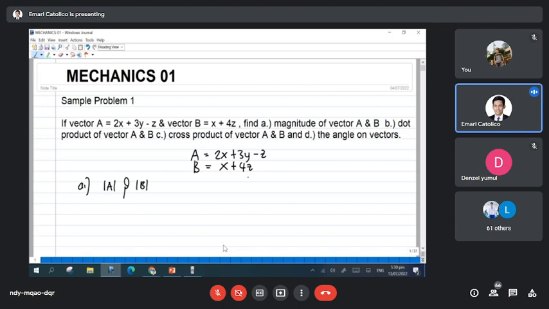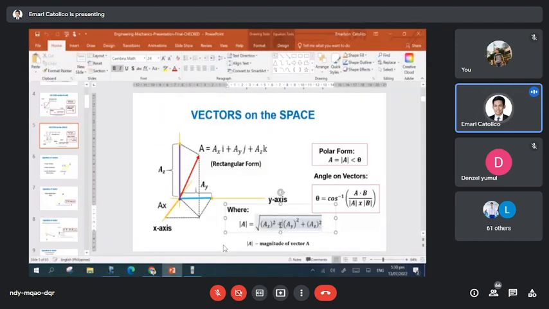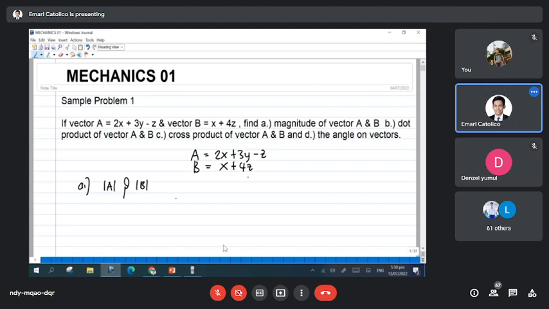Again, paano ma-solve si magnitude? Gagamit lang tayo ng Pythagorean theorem. Magnitude of A is square root of Ax squared plus Ay squared plus Az squared. Ax natin is positive 2, so 2 squared. Ay natin is 3. Then Az natin is negative 1. So 4 plus 9 plus 1, 14.